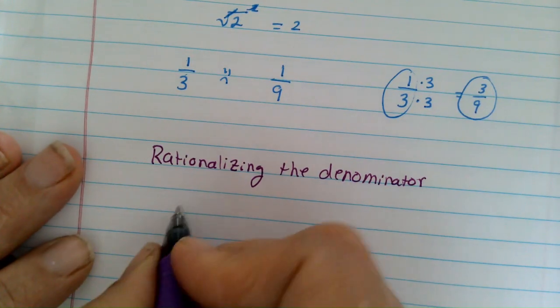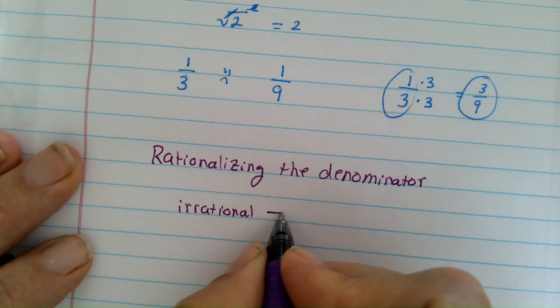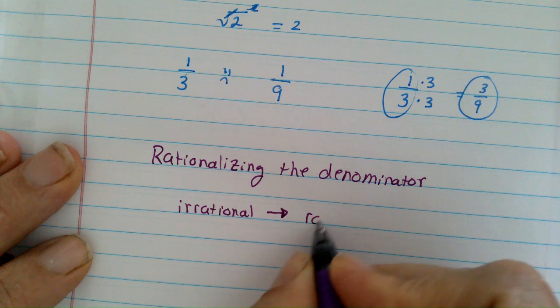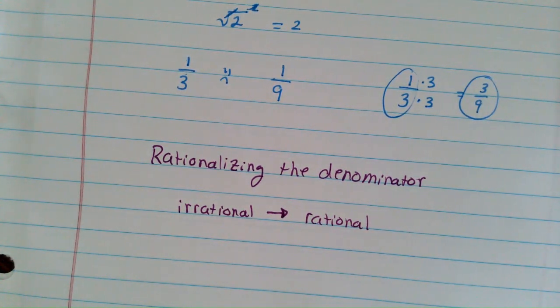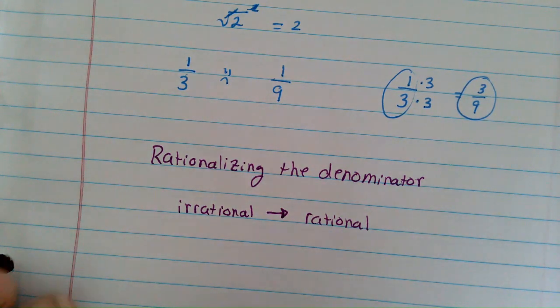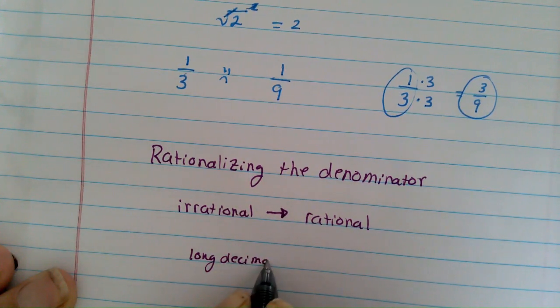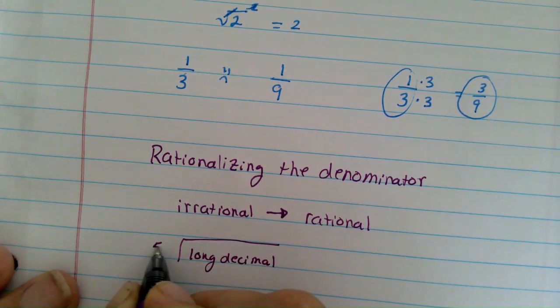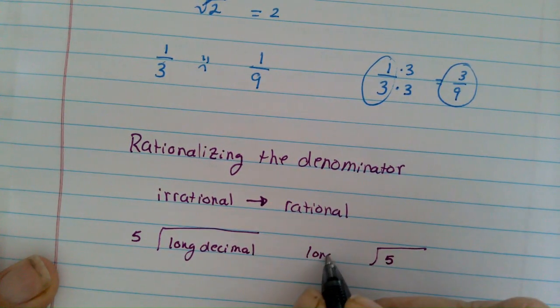Okay, it means we're taking the denominator from an irrational number and creating a rational number. Now, normally when that happens, the numerator becomes irrational. We are okay with a long decimal in the numerator because a long decimal divided by like 5 is better than 5 divided by a long decimal.